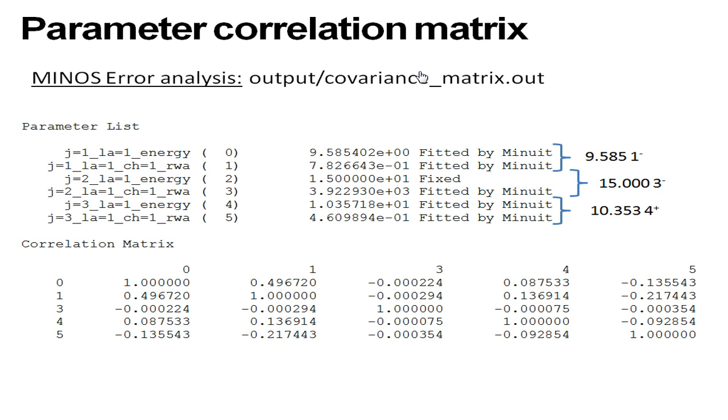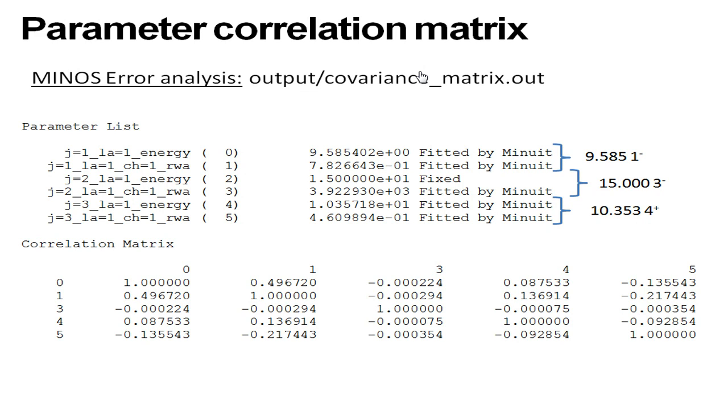If you do one of the options when you're running on the Calculate tab, where you can calculate by data or do a Minuit fit, one of these options is an error analysis. This will output to output/covariance matrix.out, and in there you'll find a list of parameters and this correlation matrix.